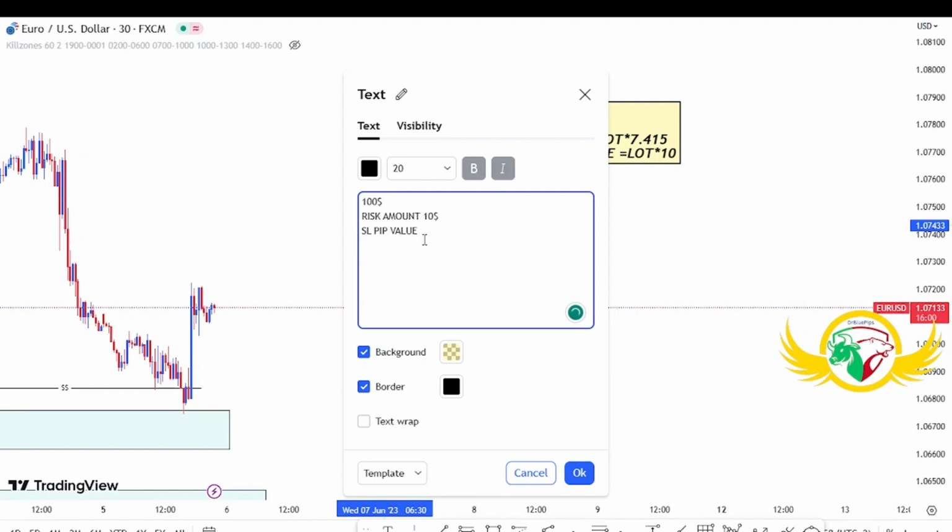This will depend on your analysis of the trade that you see. After getting this, you have to ask yourself, which lot size am I going to use? This is a simple formula.